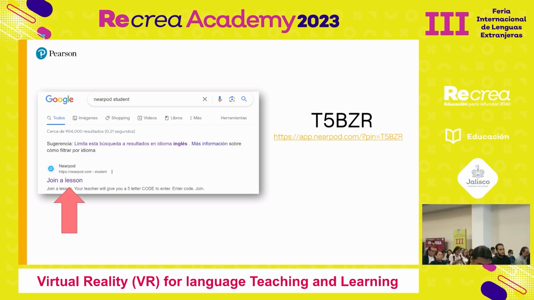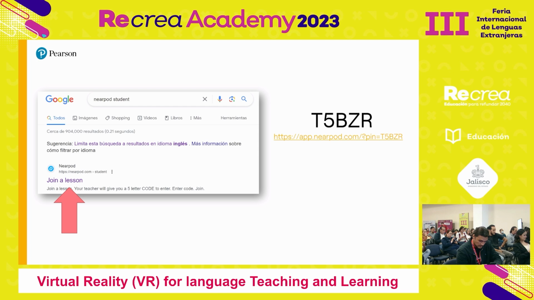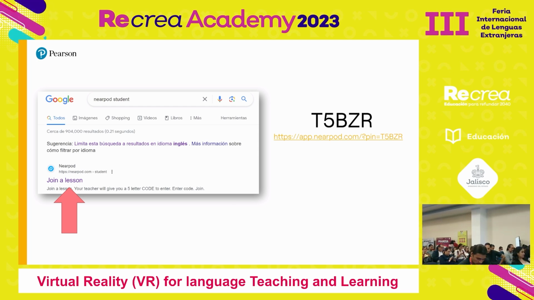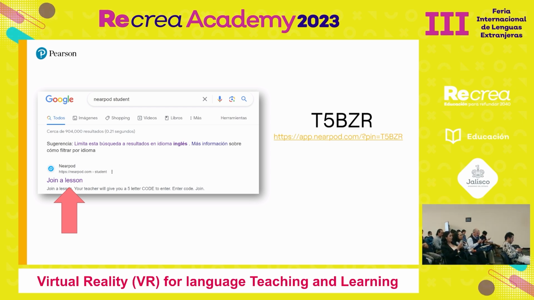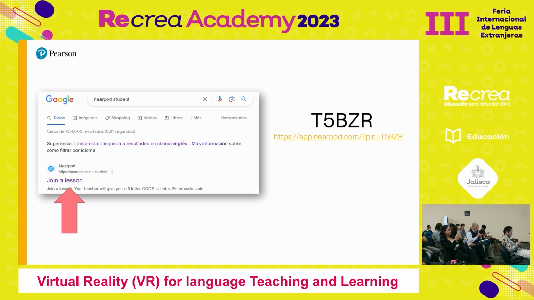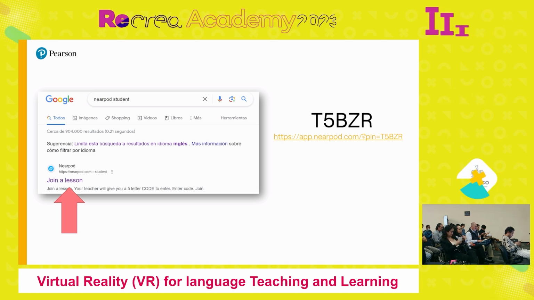So if you join that lesson, you will find a glossary. Did you find it? What we are going to do is match the word with its definition, right? It's like a matching activity. That's right, teacher. So we're going to match the word and the definition. All of these words are connected with VR terminology.